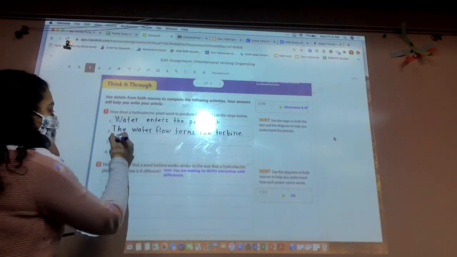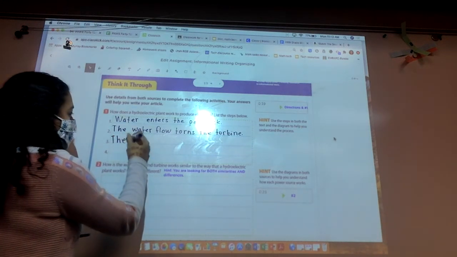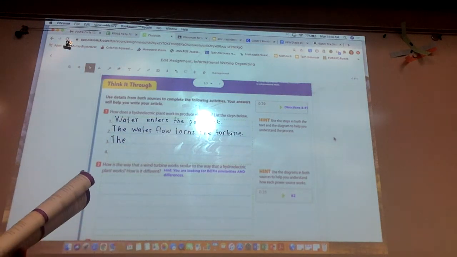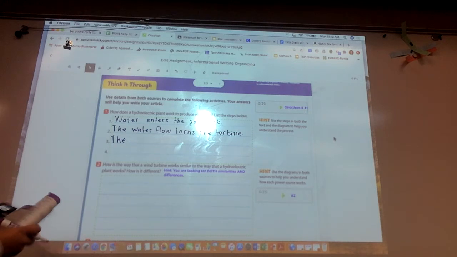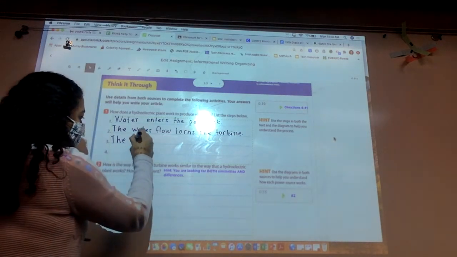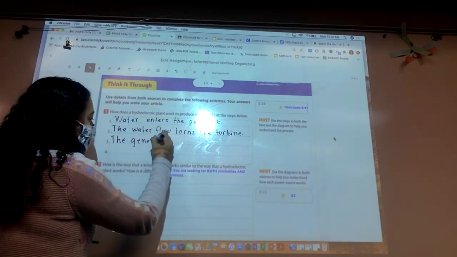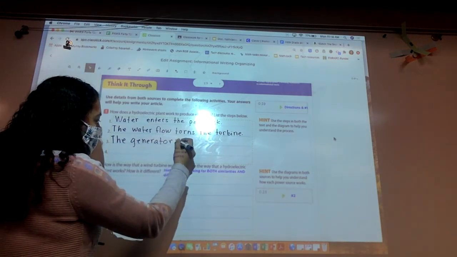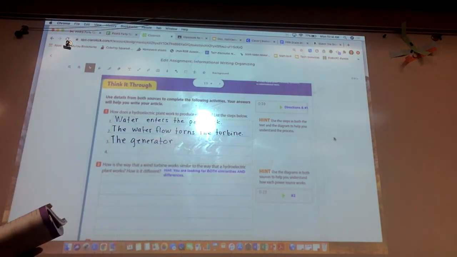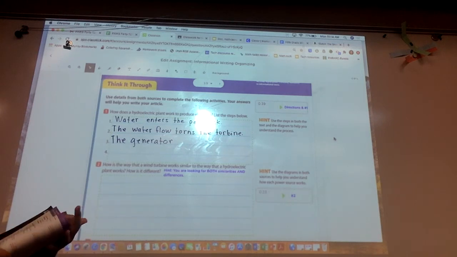Okay, so the generator is connected to the what? Connected to the turbine.